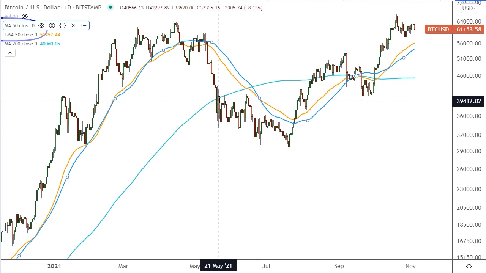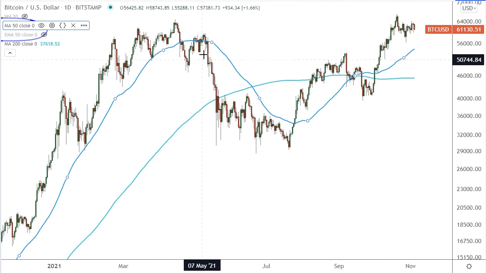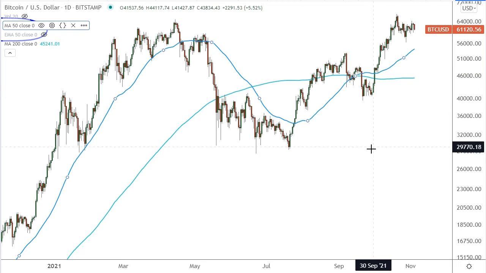This light blue line is a 200. So you can see the difference between a 50 simple and a 200 simple. Notice that these lines basically do completely different things. That's an overview of what the moving averages are.